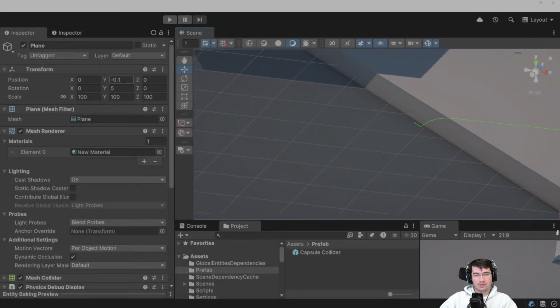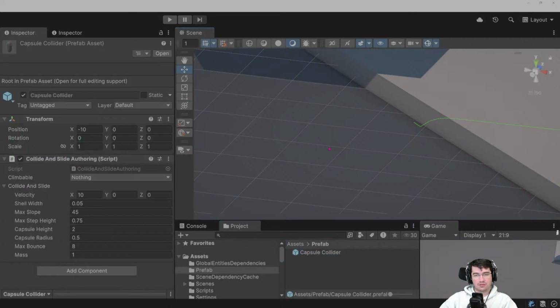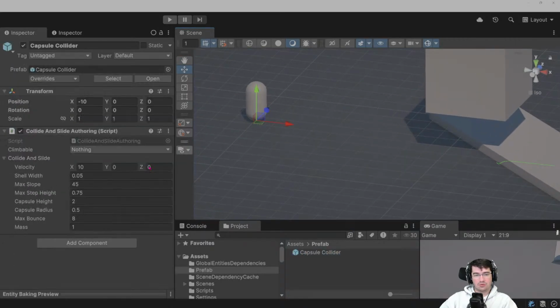This plane is at 0.1. And the capsule. Okay, let's.